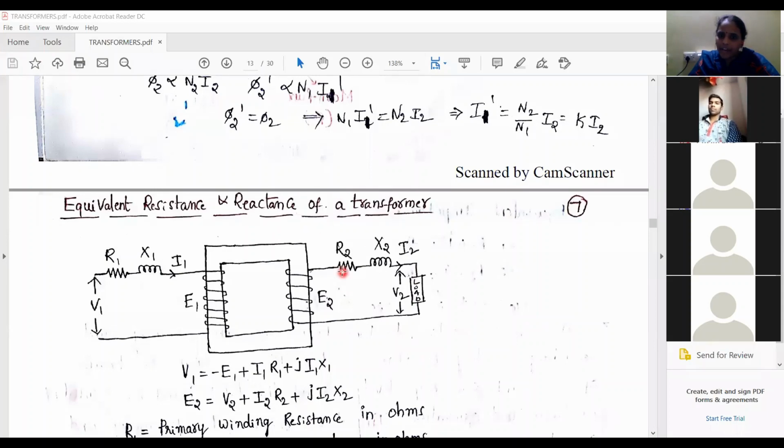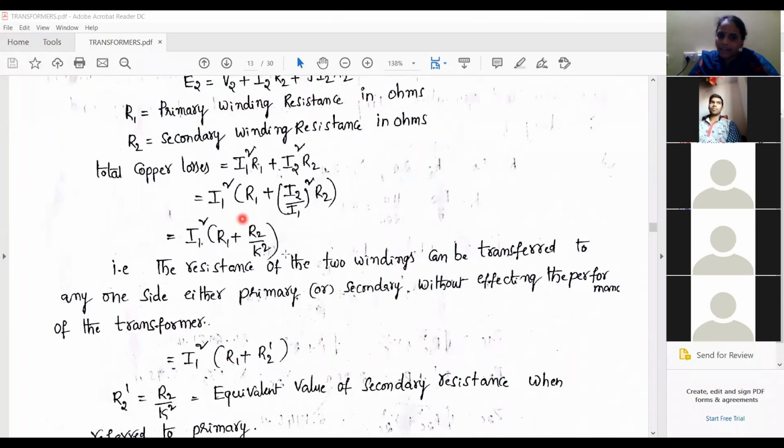What is the formula? R2 dash is equal to R2 by K square. When secondary is transferred to the primary, you divide by K square. When primary is transferred to the secondary, you multiply by K square.